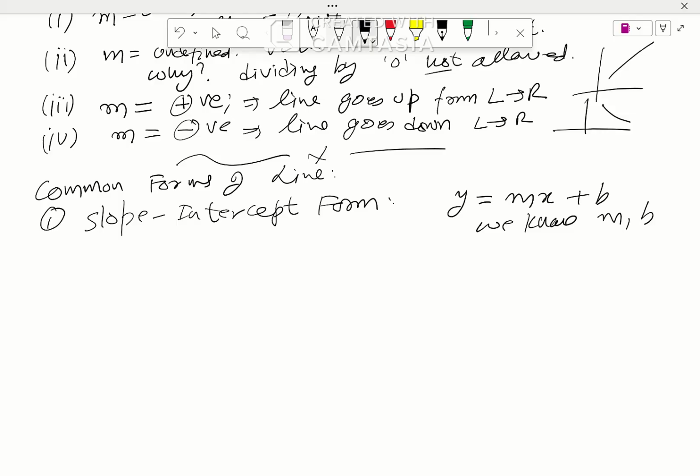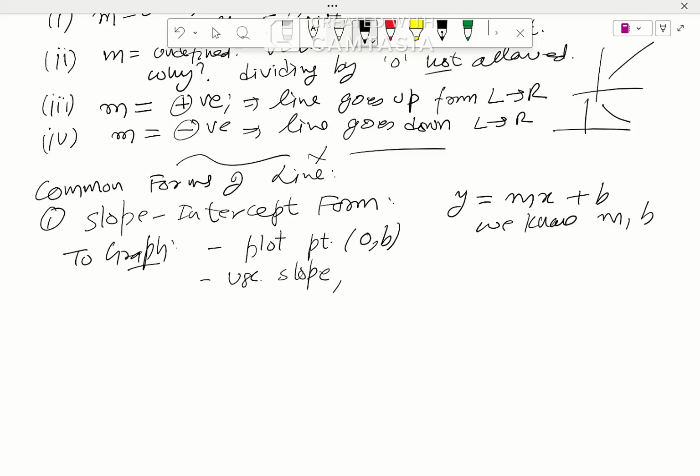How do we graph this type of equation? If you have to graph it, you can use these steps. First, you can plot the point 0 comma b, when x is equal to 0, which is the y-intercept, already known as b. Then we use the slope.